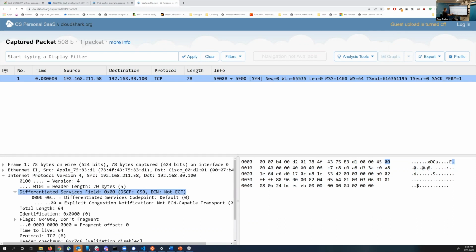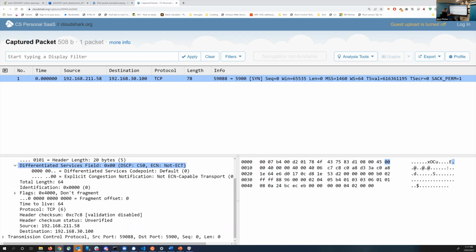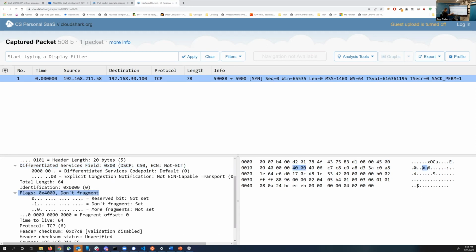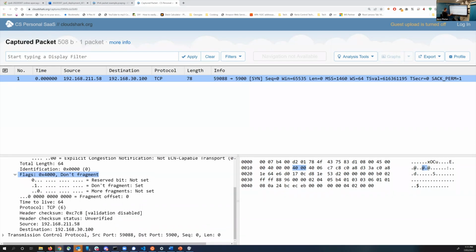We have our DiffServ, we have our total length, we have our do not fragment flag, and it's a TCP packet, this one. And this one is going from a source port of 59088 to destination 5900. Who knows what service runs on TCP 5900?